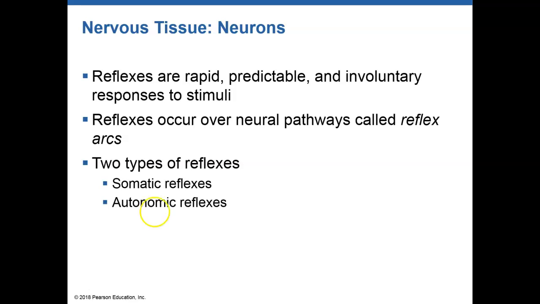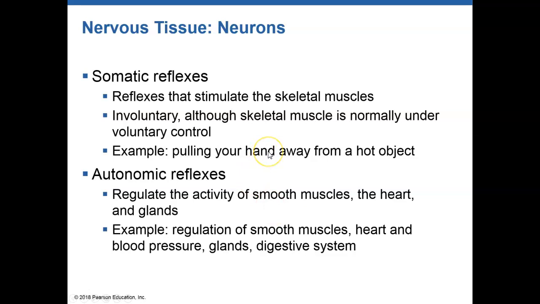I'm always amazed when I talk about reflexes that people assume, since it's involuntary, it occurs in smooth and cardiac muscle, but not skeletal muscle. But we have reflexes for skeletal muscle as well, and those are somatic reflexes. A reflex that stimulates any skeletal muscle is a somatic reflex.